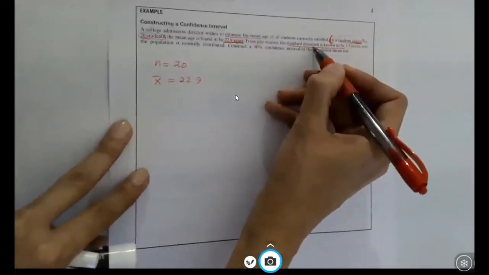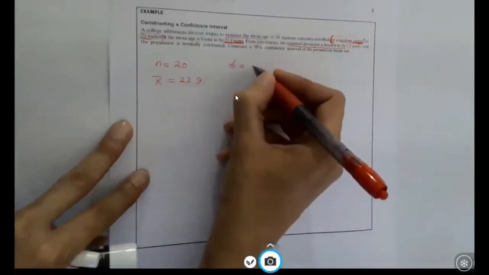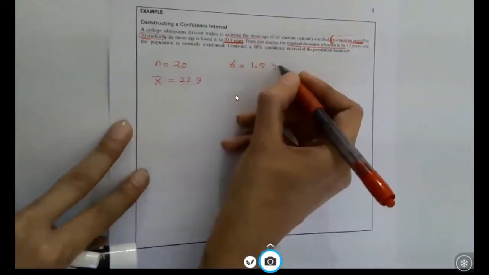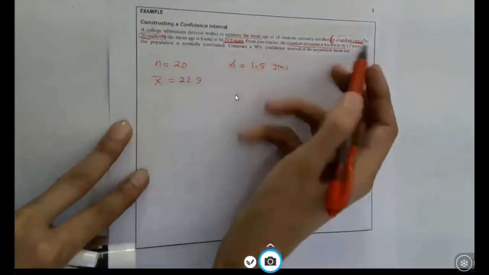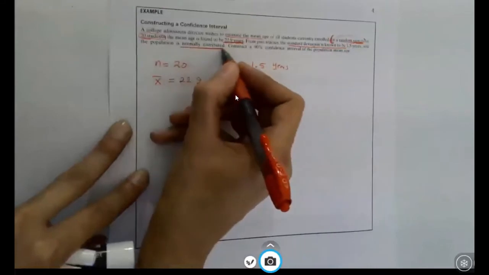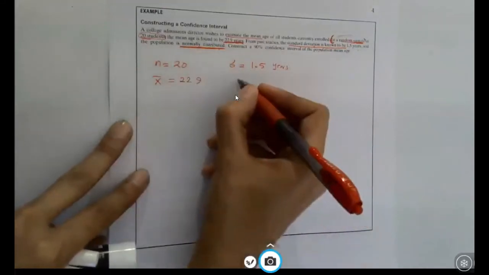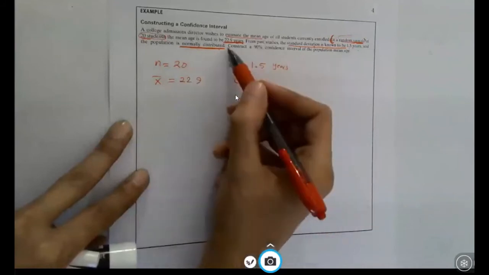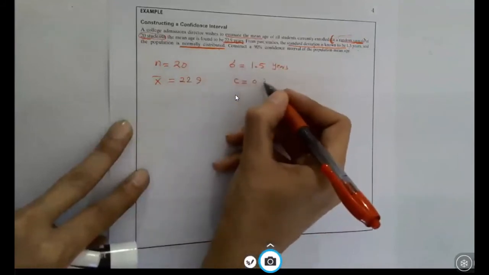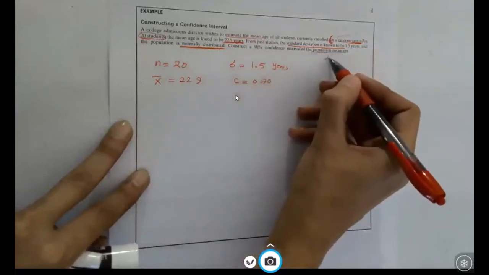Standard deviation of your population. So sigma is also given to you, 1.5 years. And the population is normally distributed. Question says, find and construct a 90% confidence interval for the population mean.